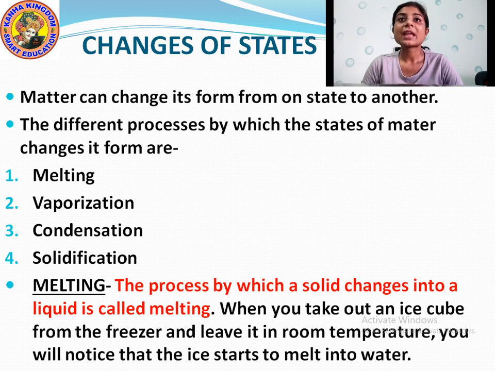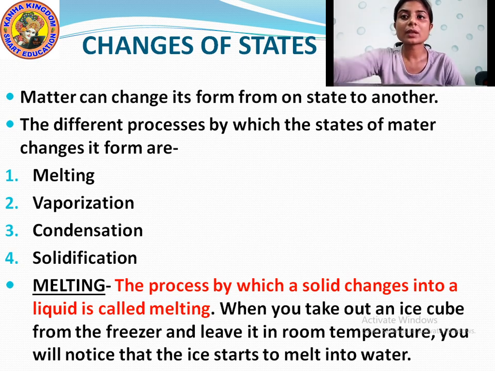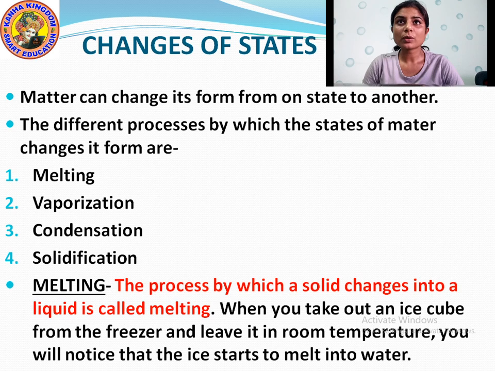See, matter can change its form from one state to another. From solid, it can be changed into liquid, and the liquid state can be changed into the gaseous state. How? These are the processes by which the states of matter can be changed.